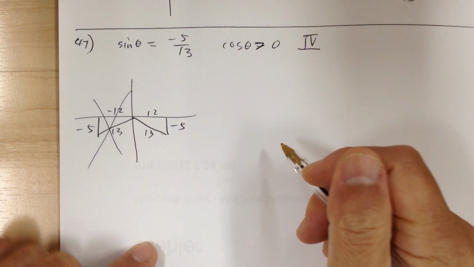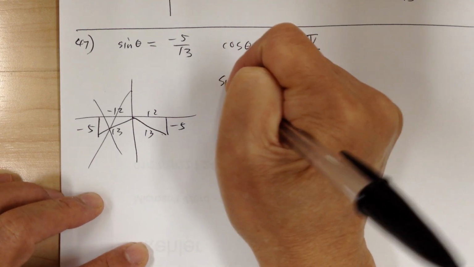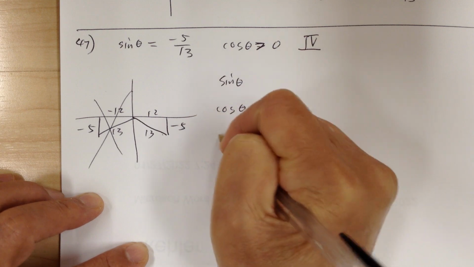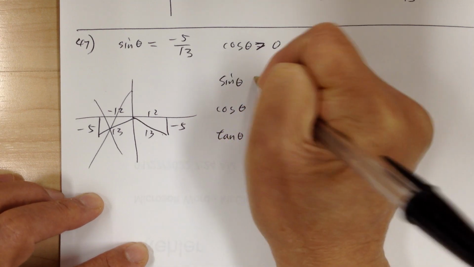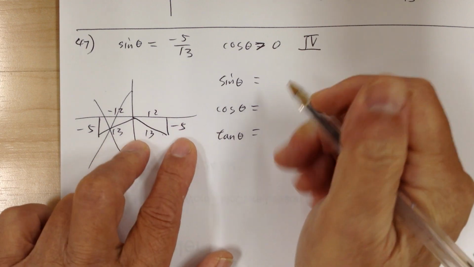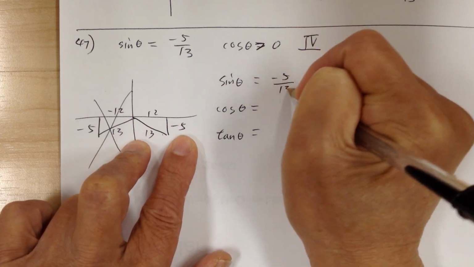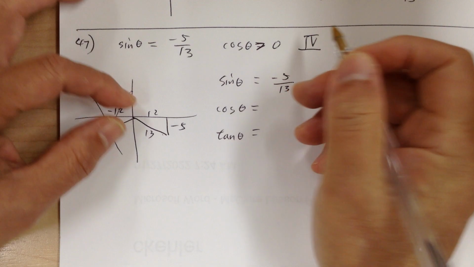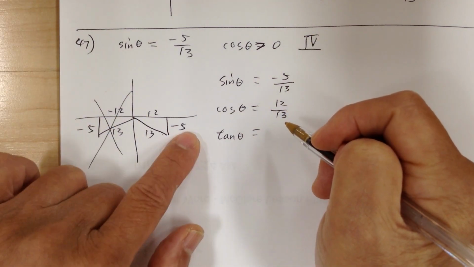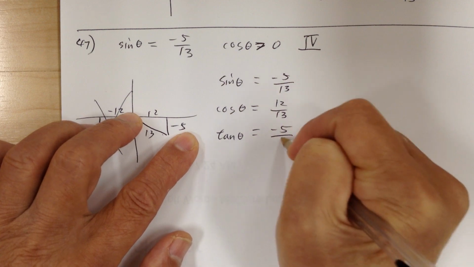Again, you've got to draw your triangle, and once you get your triangle, you find sine, cosine, tangent. Sine is vertical over hypotenuse, so it's negative 5 over 13, as it was given anyway. Cosine is 12 over 13. Tangent is sine over cosine, so it's negative 5 over 12.